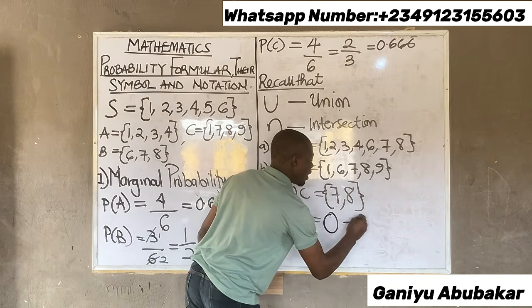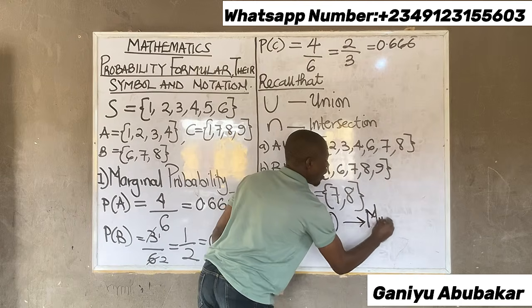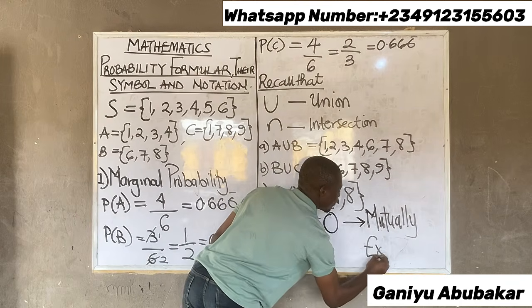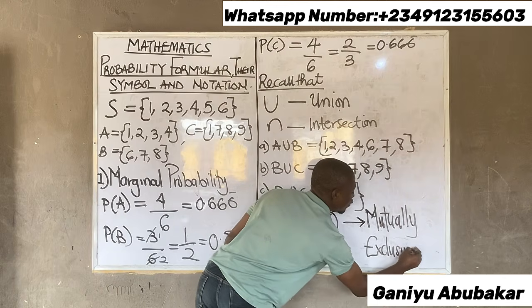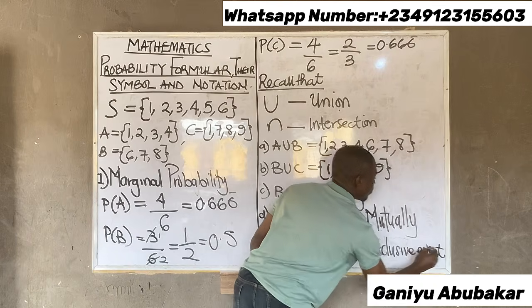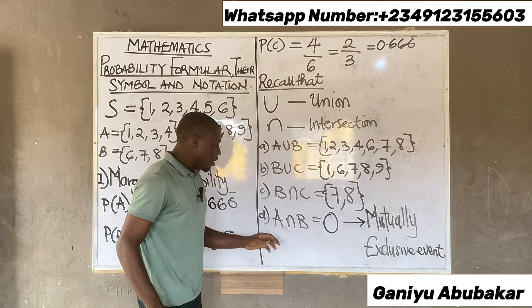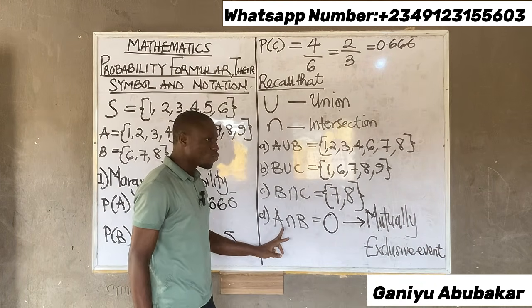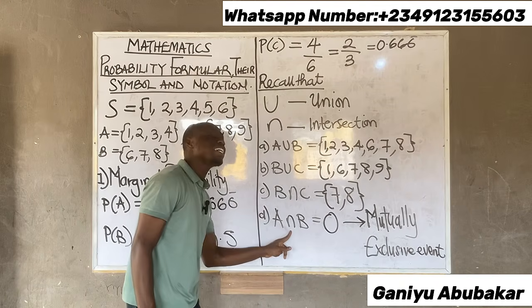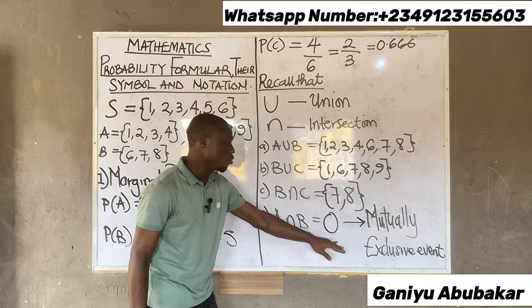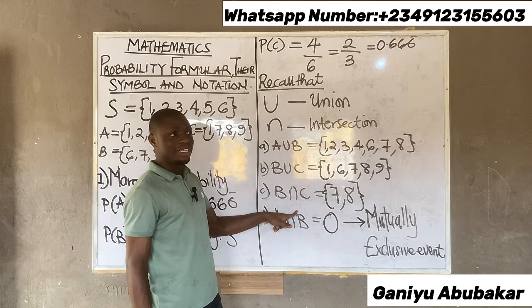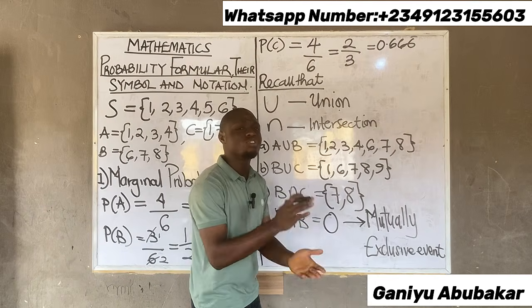So now listen please, guys. Whenever the intersection of two events is equal to 0, literally, we are looking for common things between two events, and you are not having any common thing between the two events.